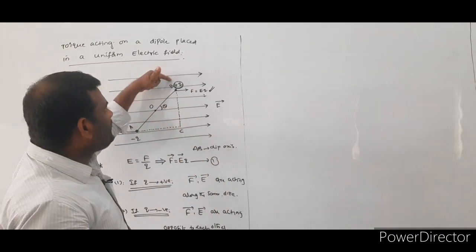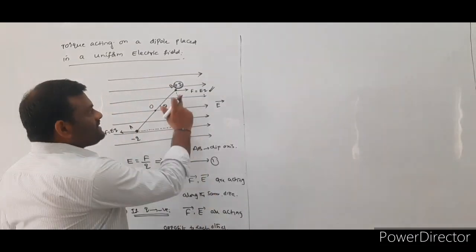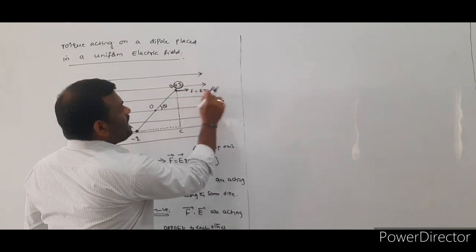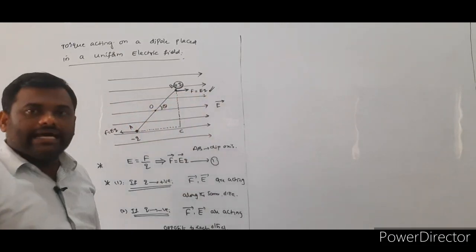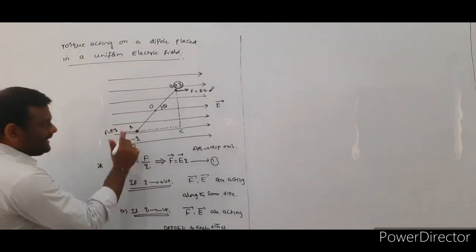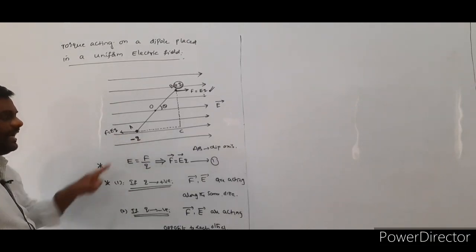So at the point B, the nature of the charge is positive. Because of that, the direction of the force is represented in the direction of the electric field. Similarly, coming to the point A, which charge will be placed? Negative charge.